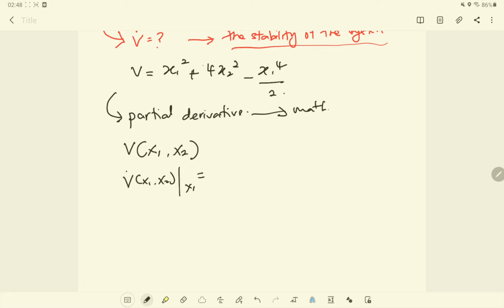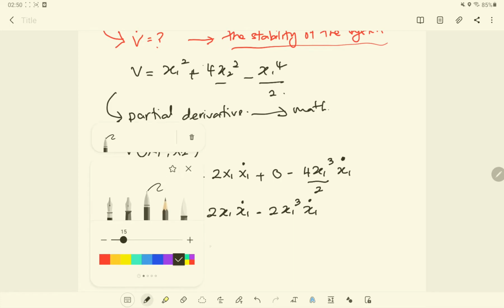Here is 2 x1 dot, plus 0 from here, minus 4 x1 to the power of 3 over 2 times x1 dot. So you will get 2 x1 dot minus 2 x1 cubed x1 dot.